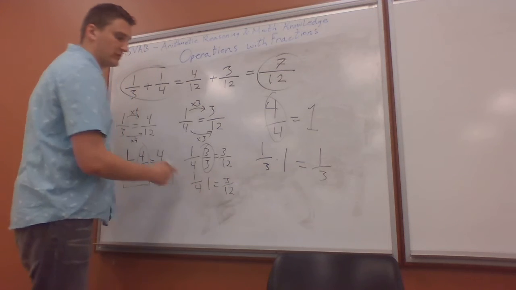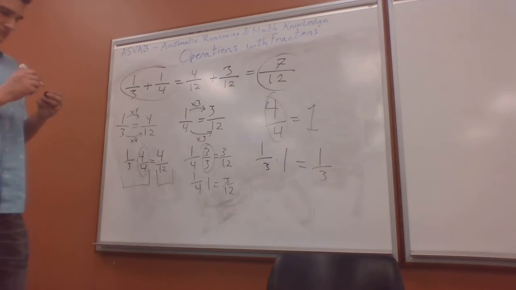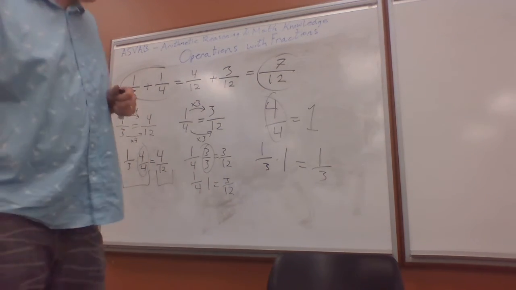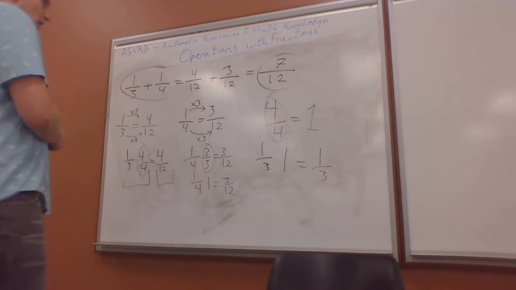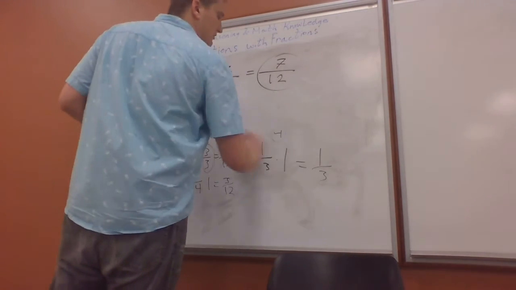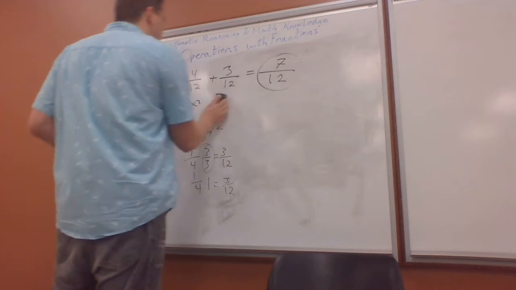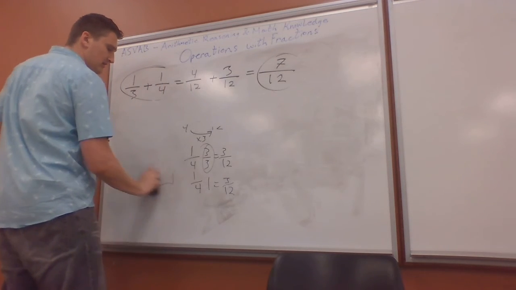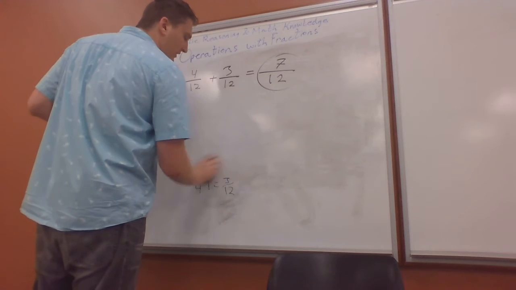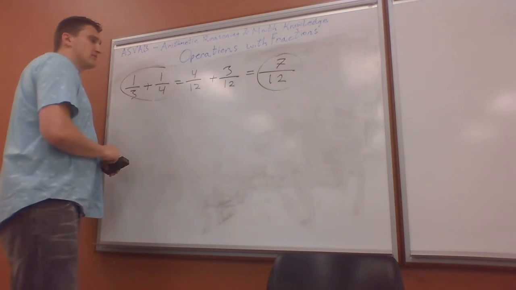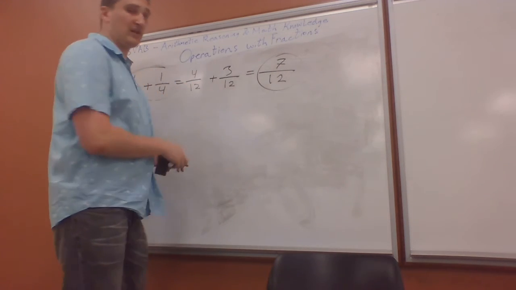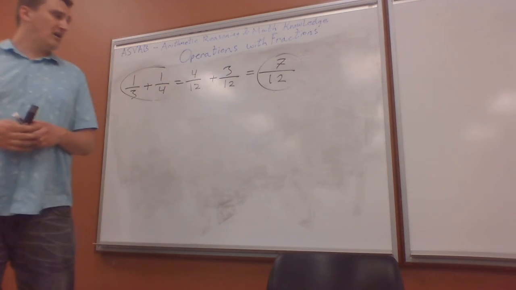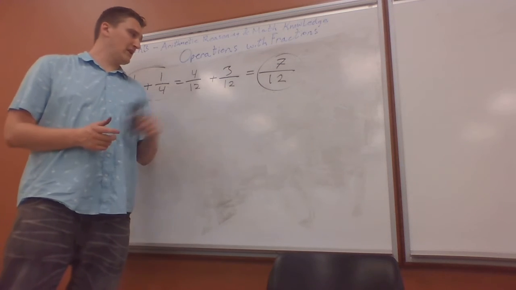In this case, it was 3 12ths. So in this case, we had to multiply both fractions by something to get what we call a common denominator. Denominator is just the number on bottom. When I say a common denominator, I mean that we have the same denominator on the bottom.